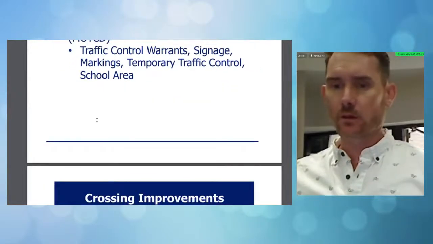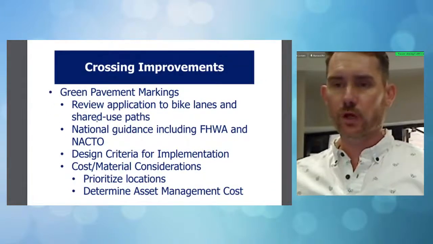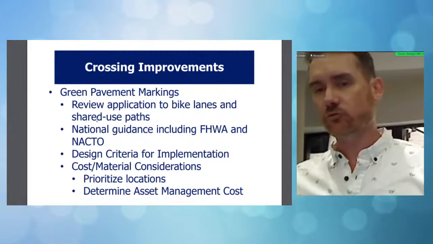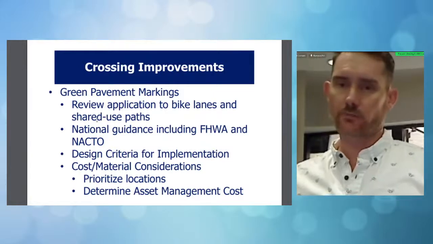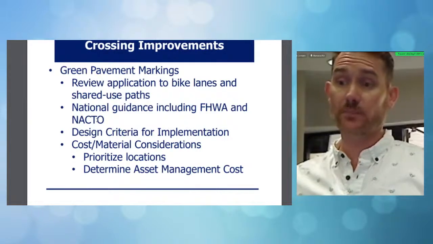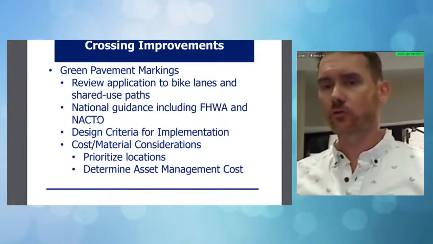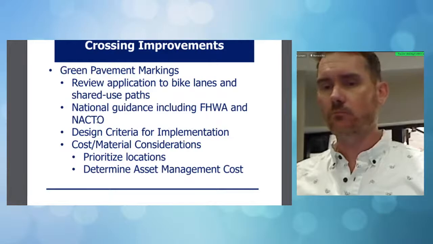But I wanted to talk about a few design related things that we're looking at with discussing crossing improvements. So, as you know, we've got some money set aside this year for green pavement markings. And we are reviewing how to apply those to our bike lanes and shared use paths.